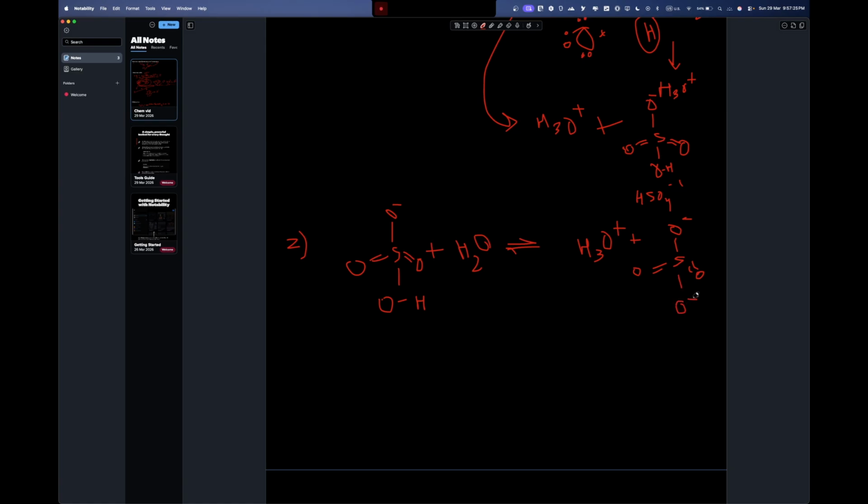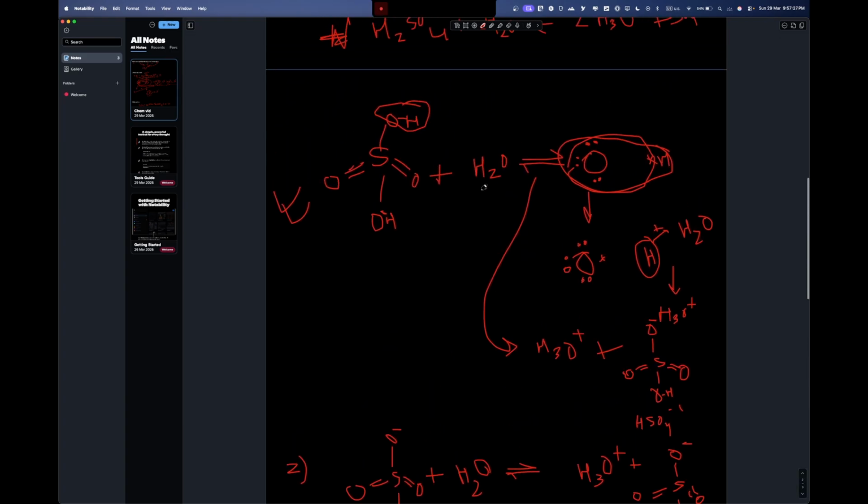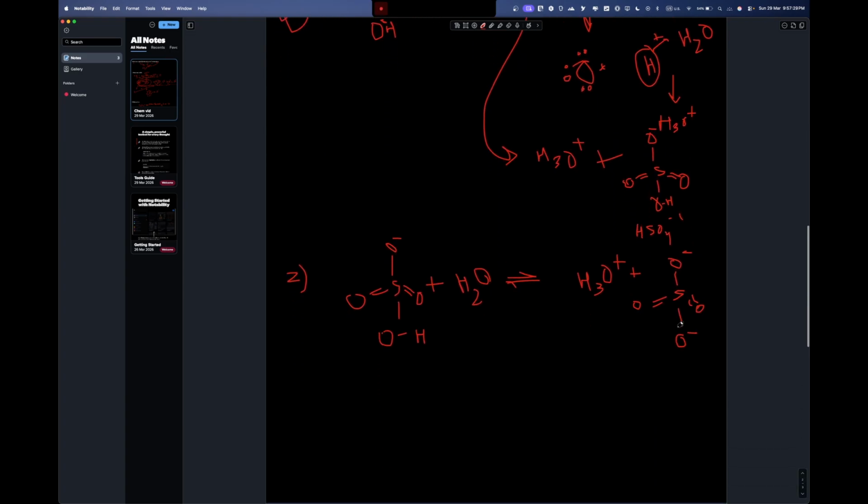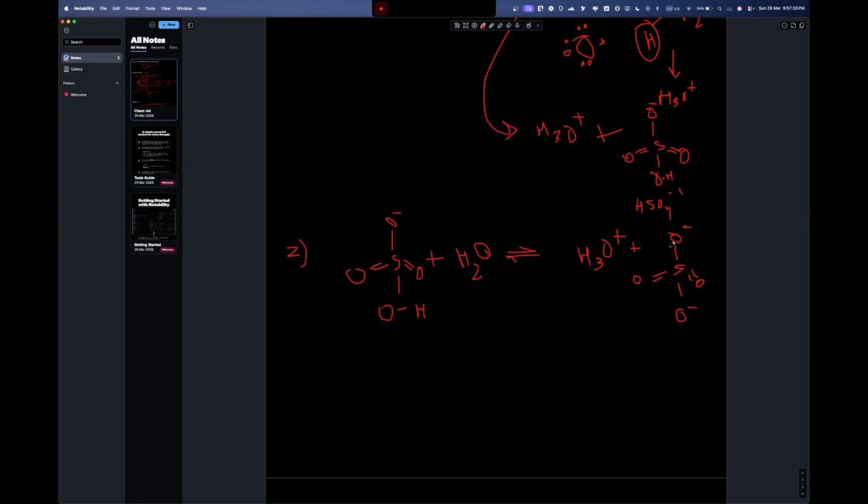O minus, right? Same thing as in step one. It will just form O minus again. And this time, if you look really hard, you'll see that SO4. The moment you say SO4, oh my god, that's SO4 2 minus.